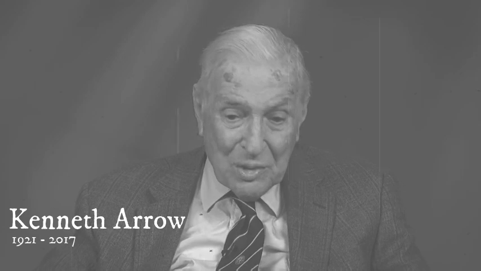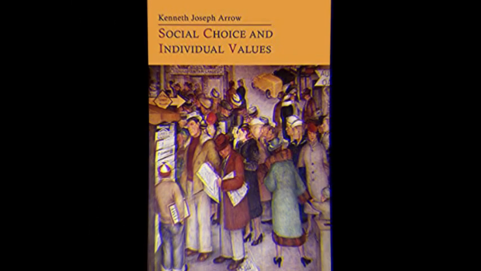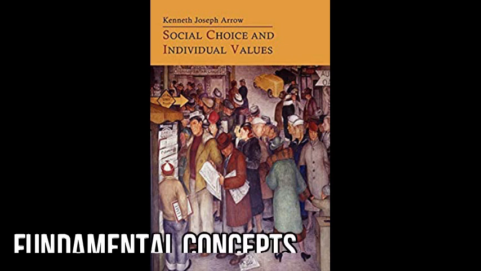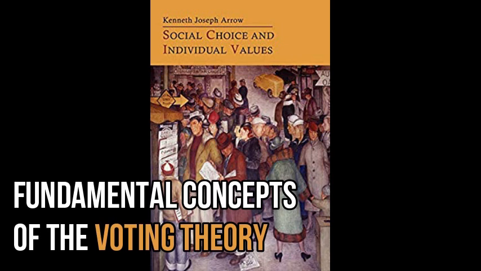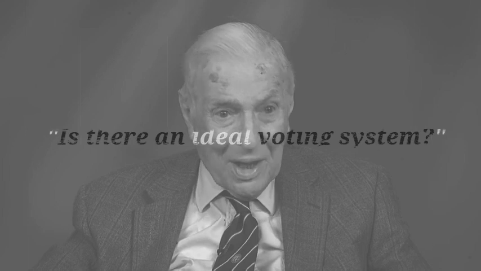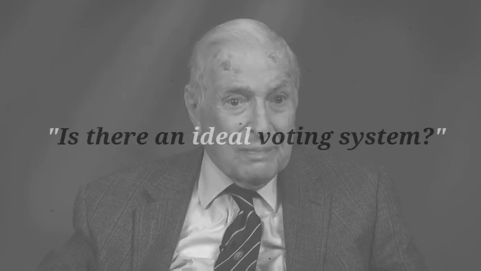In 1952, the mathematical economist Kenneth Arrow wrote a seminal paper titled Social Choice and Individual Values that examined the fundamental concepts of this theory. In particular, Arrow proved an important result that addresses the question, is there an ideal voting system?